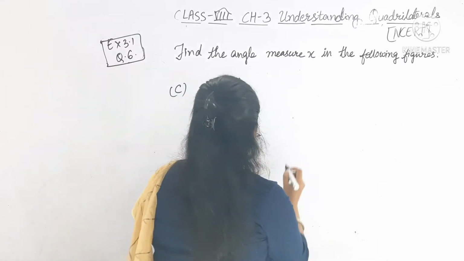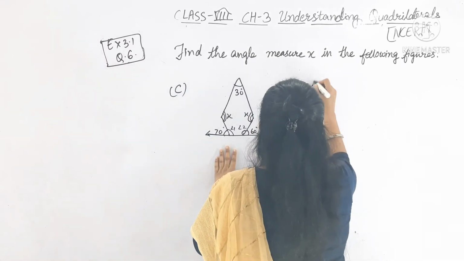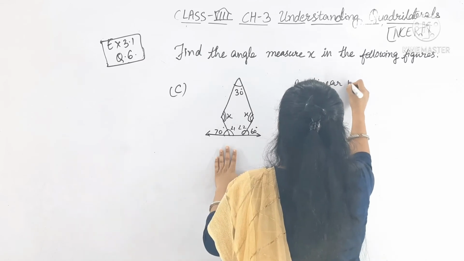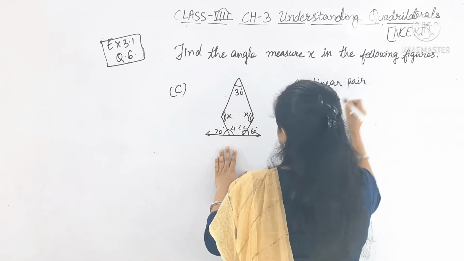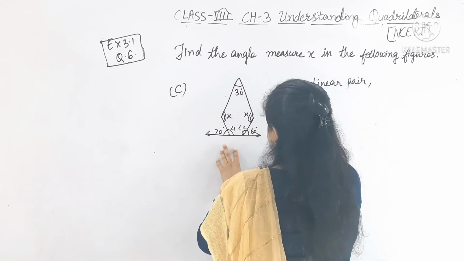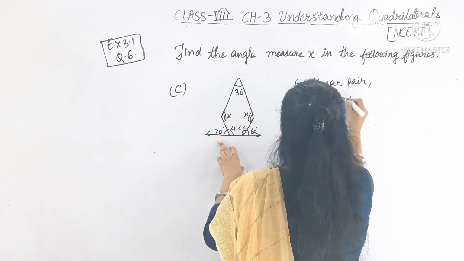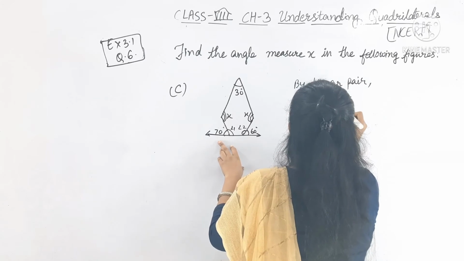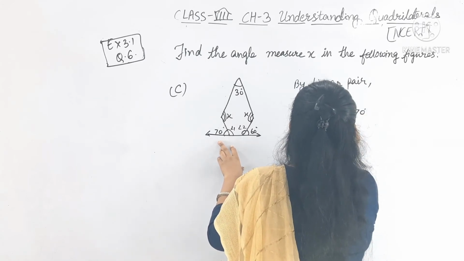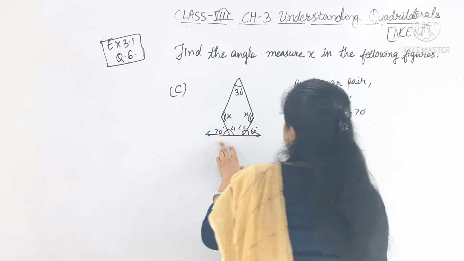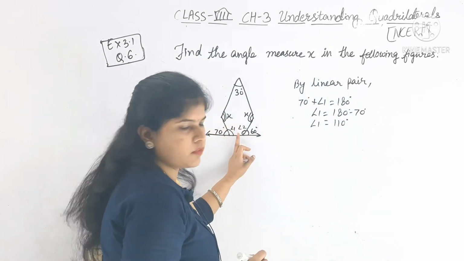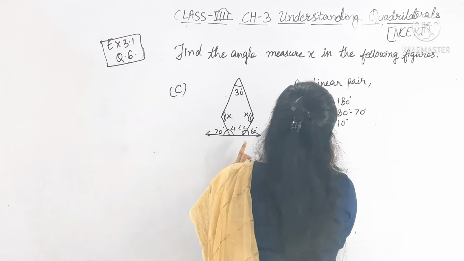So by the linear pair, 70 degree plus angle 1 is equal to 180 degree. So angle 1 is 180 minus 70 degree. So I am getting 110 degree for angle 1. Okay. Now angle 2.